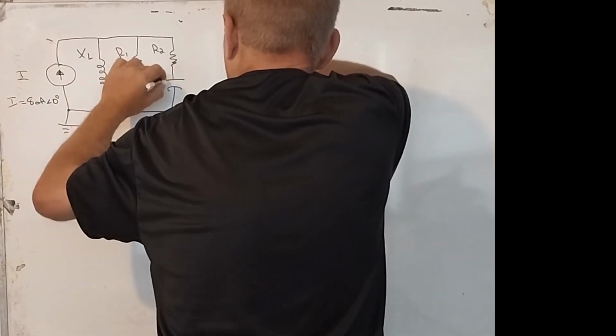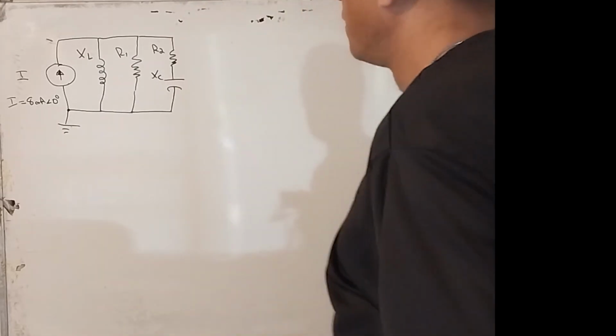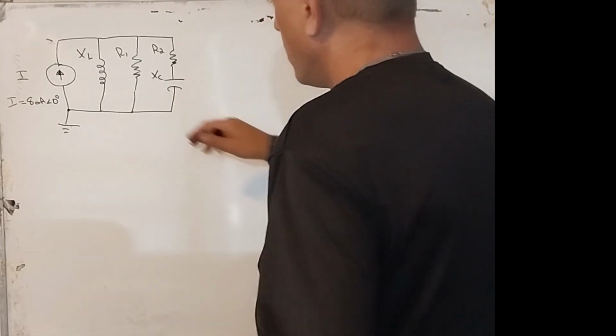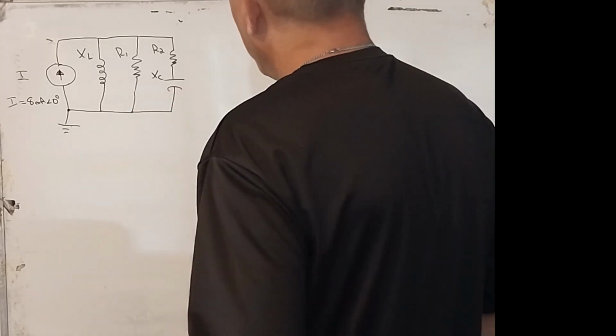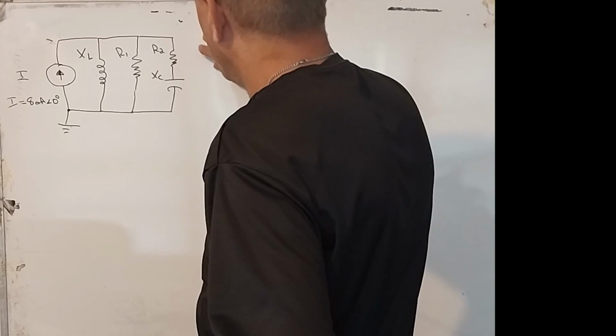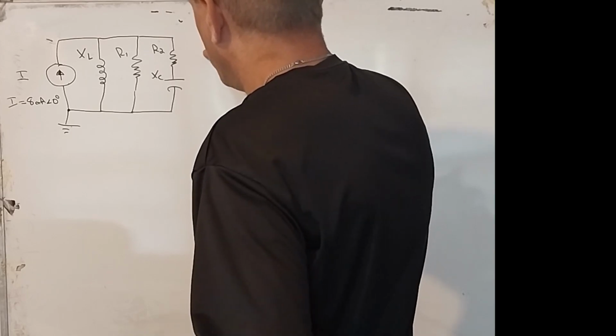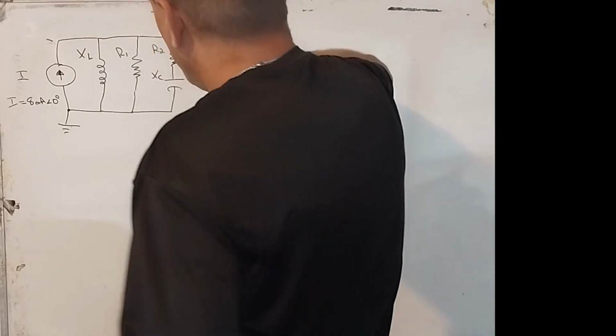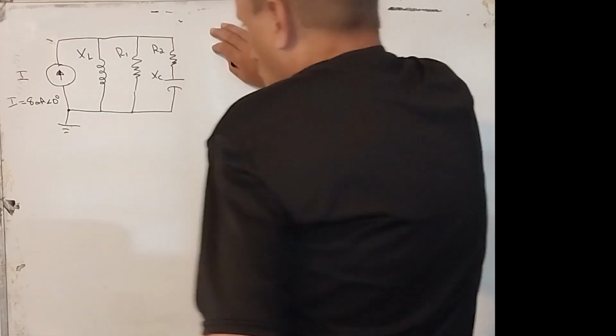This is X of C. And so we have them all in parallel, and these two are in series. It doesn't really matter, we could do these in parallel first.